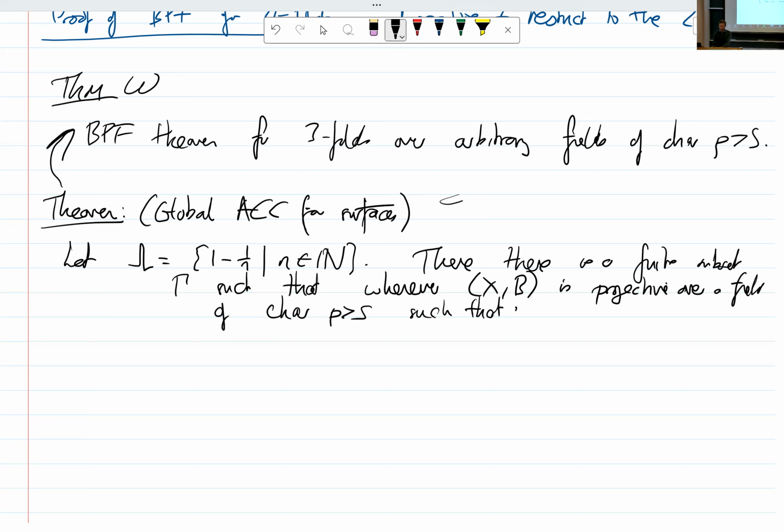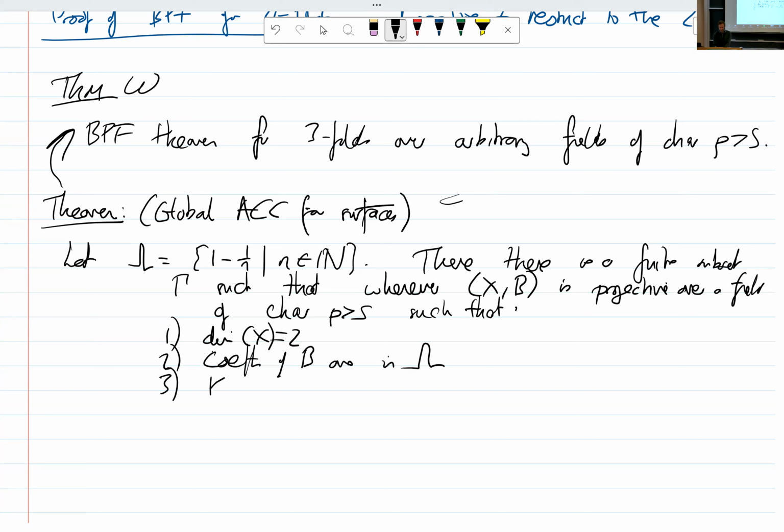So I have a pair such that, okay, it's a surface. 2, where its coefficients come from the coefficient set, coefficients of B are in the coefficient set.